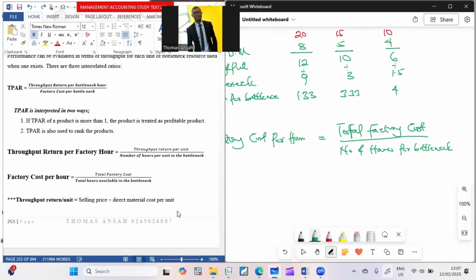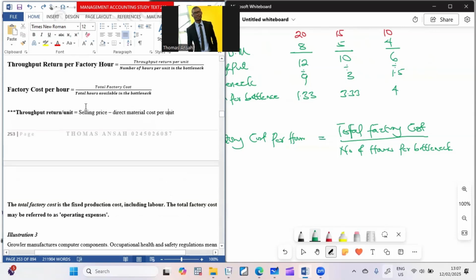Someone may say we've not done the ranking. Yes, it's true. So you can do this. Total hours available in the bottleneck. So you can do that. Or you can say number of hours per bottleneck available. All right. So I told you that it's fixed production cost, including labor, right?